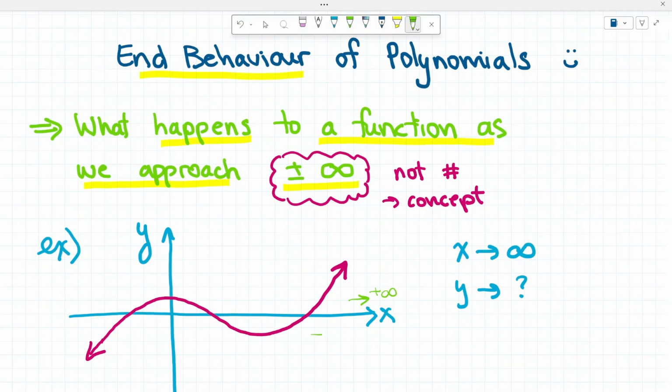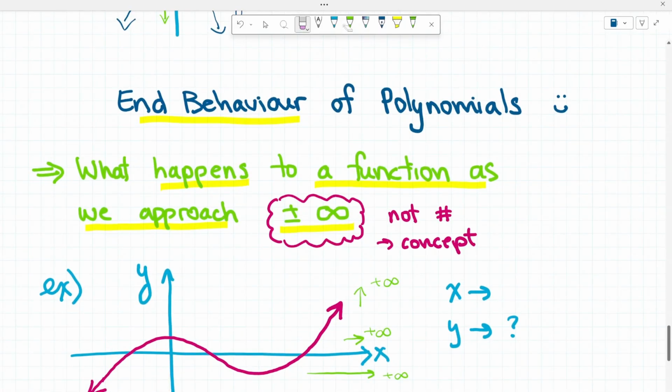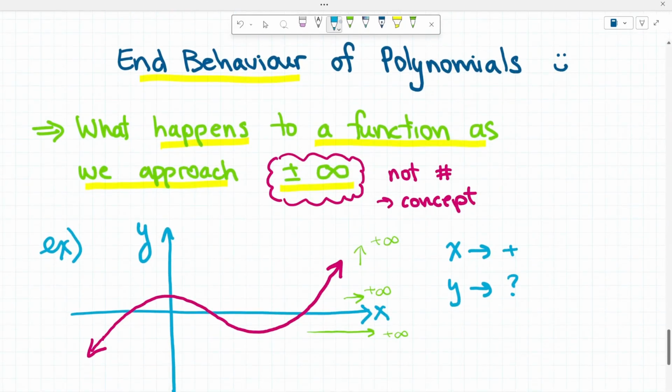As we travel along the x-axis all the way to infinity, what's happening to our y function? Based off of this arrow, as x is going to infinity, this motion is going to continuously go upwards. That means we are going towards positive infinity on our y-axis. So we can write that here: as x goes to infinity, or you can specify positive infinity, y is also going to positive infinity.